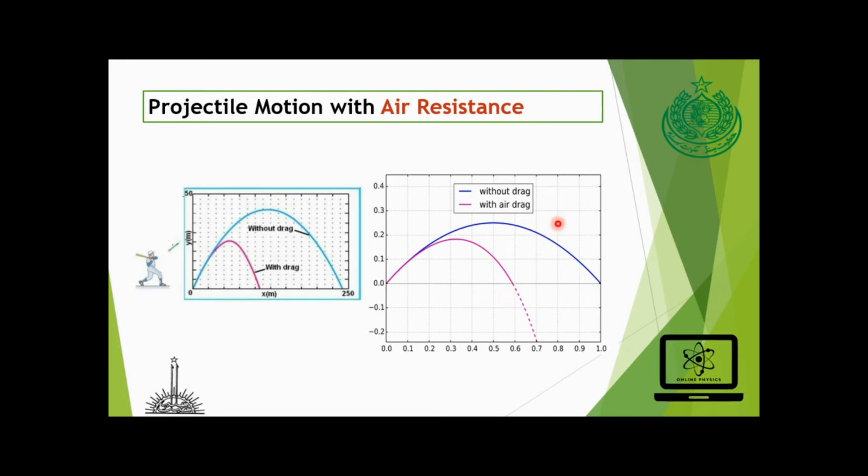In the absence of resistance the behavior of the projectile is like this, but in the presence the behavior is like this. This is no longer a symmetric parabola, and the range decreases, the height also decreases. This is one more, without drag and with drag. So we conclude that at higher speed of a projectile, the factor of air resistance can no longer be neglected.